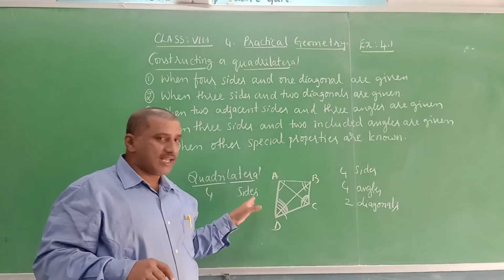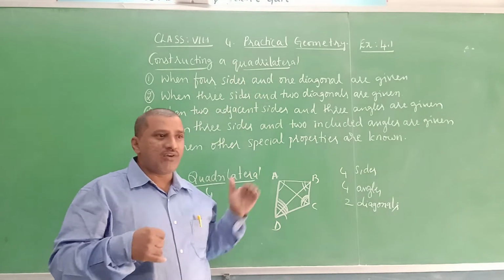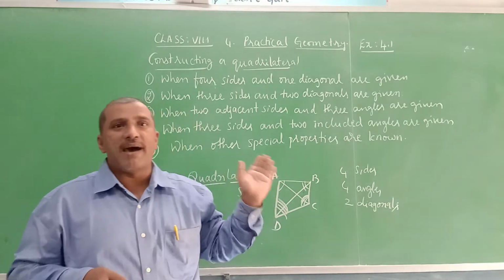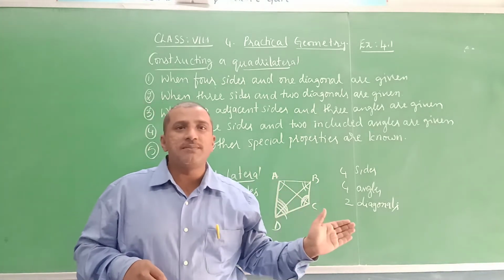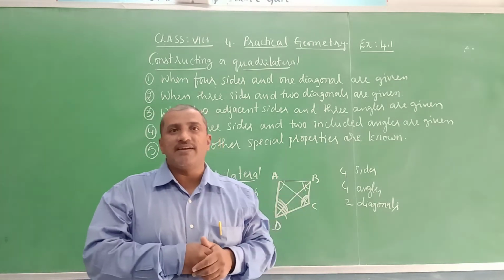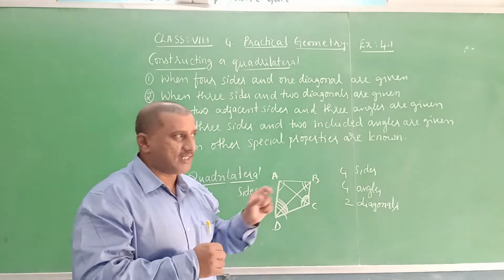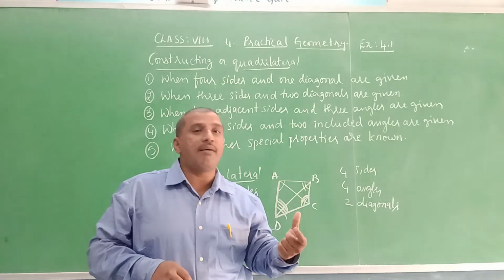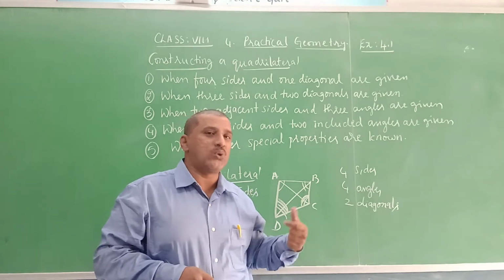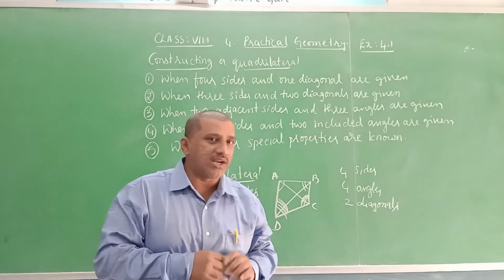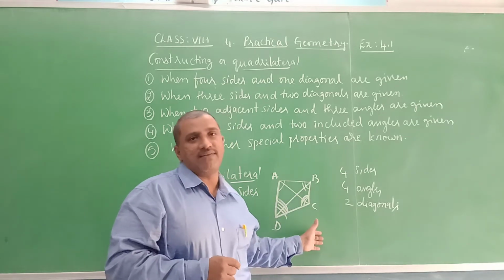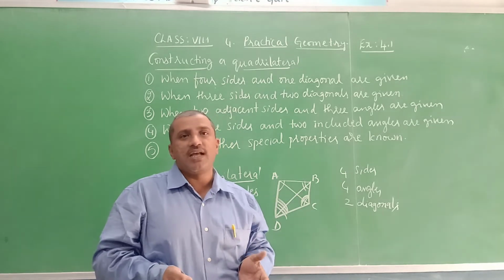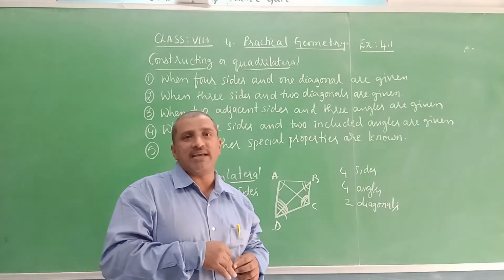So this is for a general form of a quadrilateral. We can apply this knowledge even for parallelograms. In a parallelogram, opposite sides are equal. So if a pair of adjacent sides are given, the remaining pair of sides are also known to us, and one diagonal will be given. If it is a rhombus, one side and one diagonal will be given.